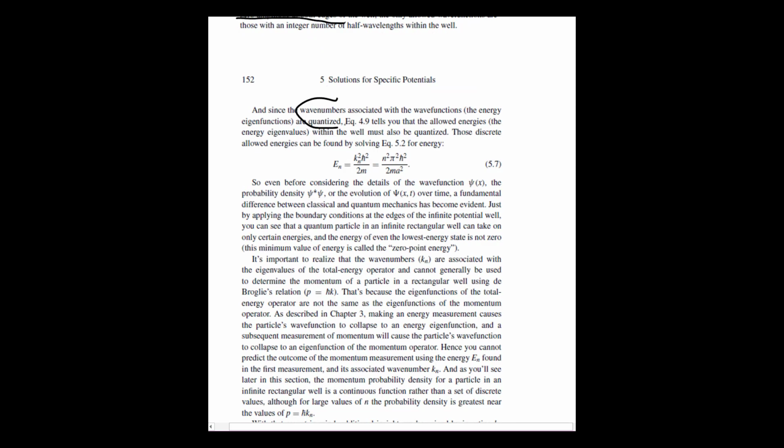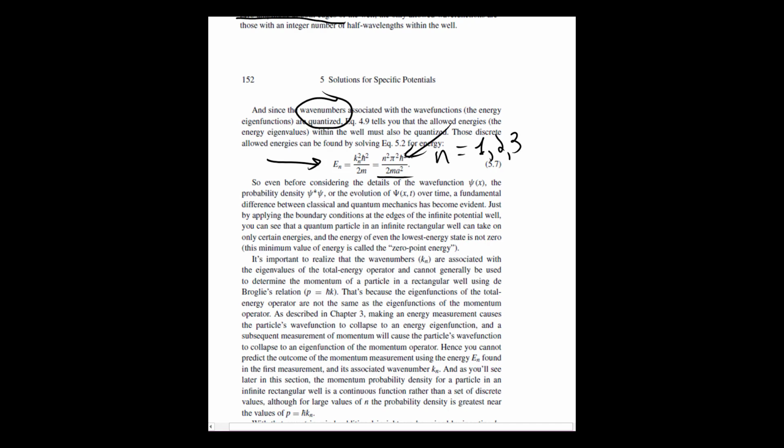And since the wave numbers are quantized, that means the energy is quantized. If we solve that equation relating energy and wave number for energy, we get this. Look at these values. You can have n equals 1, or n equals 2, or n equals 3, and that's going to give you the allowed energy levels.